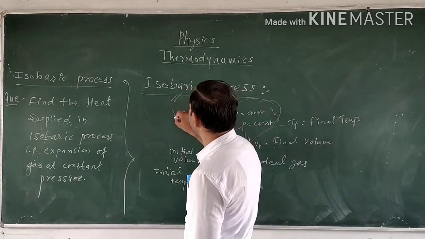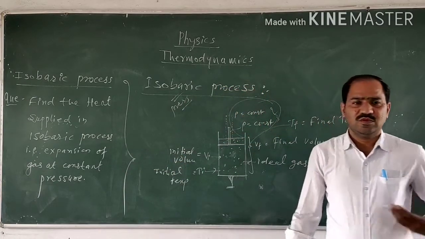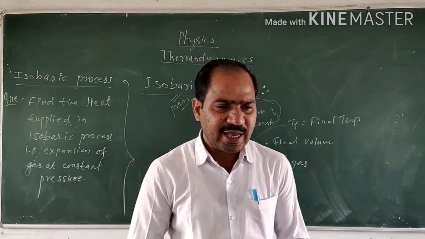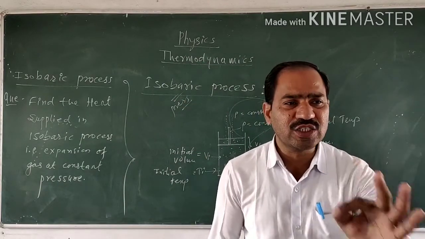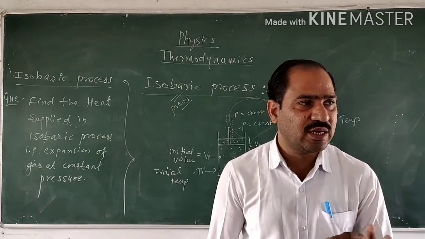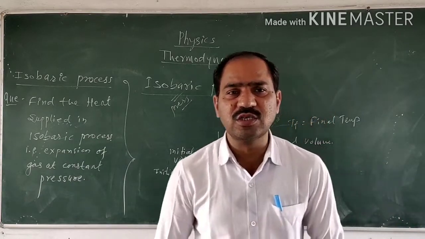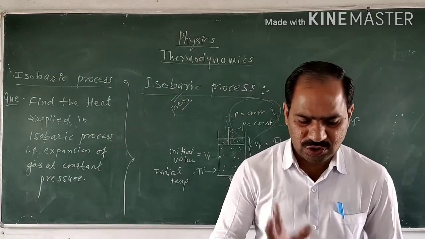Here, bar means pressure. In another way, we can say that if there is expansion or compression of the gas at constant pressure, that is, the process in which the pressure remains constant throughout, that process is called the isobaric process.